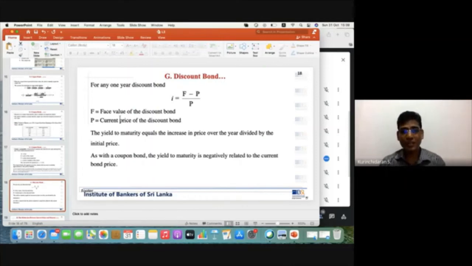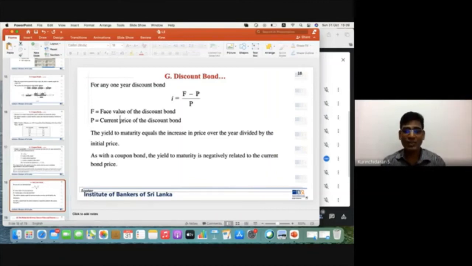So 100 minus 90, divided by your investment, that is your price, 90. So when you invest 90 rupees, you will get 10 rupees income. So your interest may be 11.1111, like that. You have to calculate and see, right?